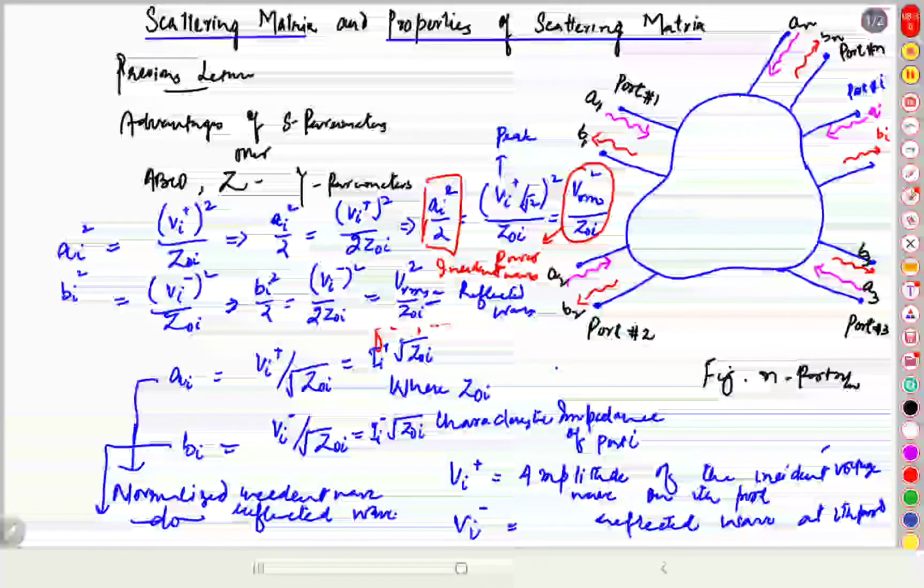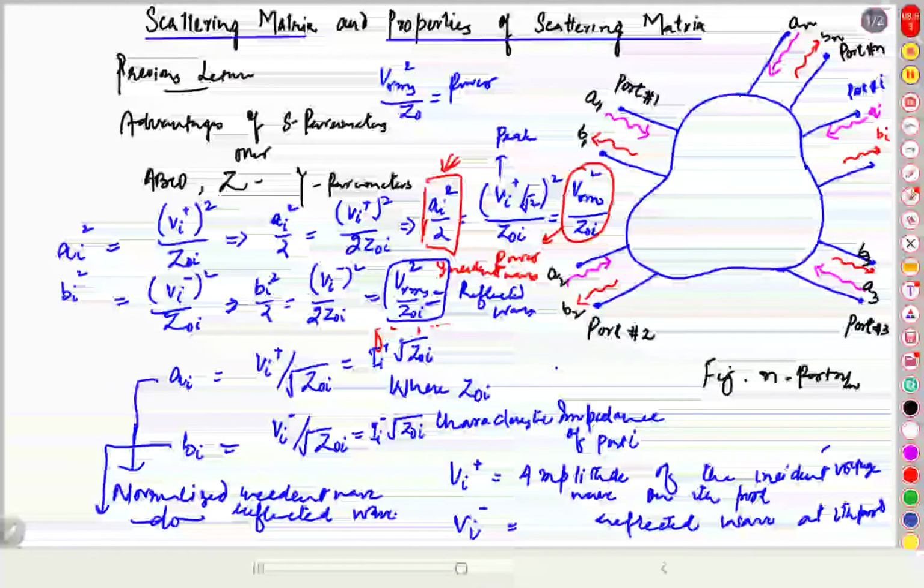So Vrms square by ZOI, or Vrms square by characteristic impedance, is basically the power. So AI square by 2 corresponds to incident power, and Bi square by 2 corresponds to the reflected wave power.